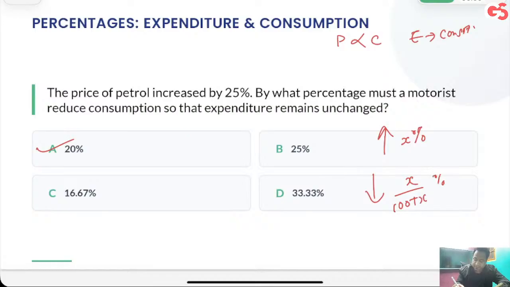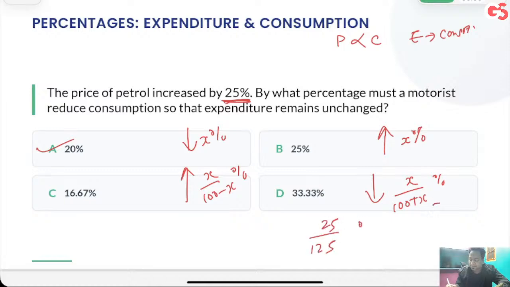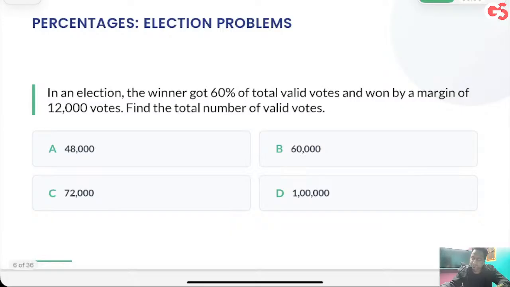Or if one decreases by x%, other will increase by x upon 100 minus x%. Here, this has increased by 25%. This will be 25 upon 125 percent, which gives us 1 by 5, that will be 20%. Cool. So there are two ways of solving the same question. Clear? Okay, then let's go to the next one.